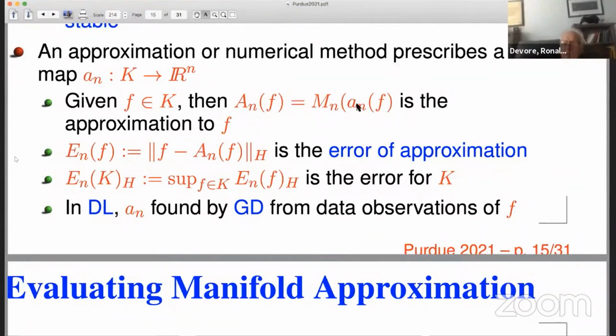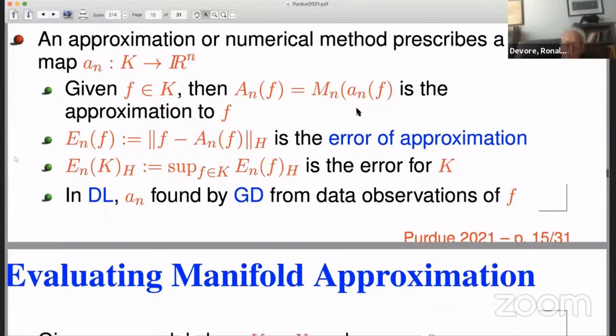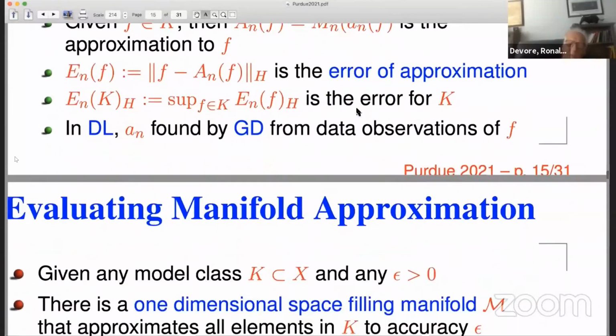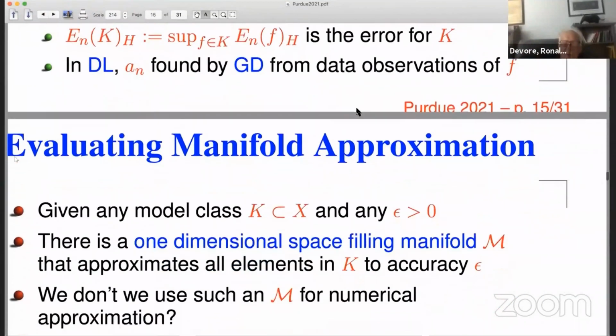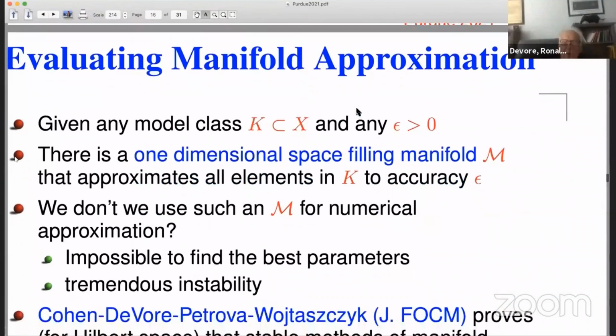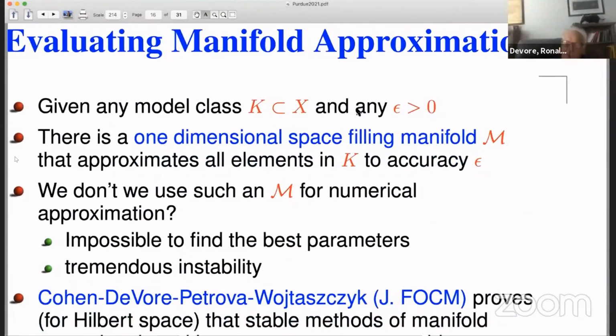And we have these two mappings that describe, one, what the manifold looks like, and second, how we select the parameters. So if you want to say, well, gee, neural nets are great at approximating, my first reaction would be, well, I didn't know you were going to allow this general form of manifold approximation. And if you allow me to do that, let me try to understand what manifold approximation could do in general.